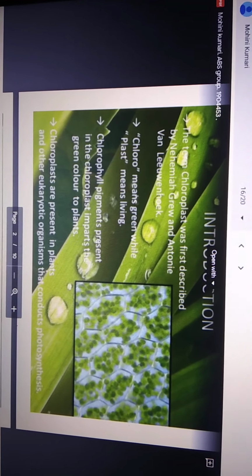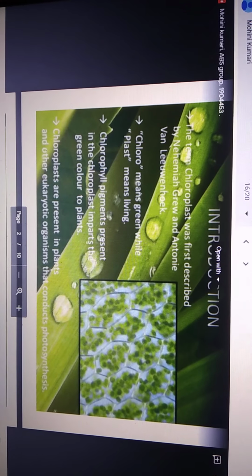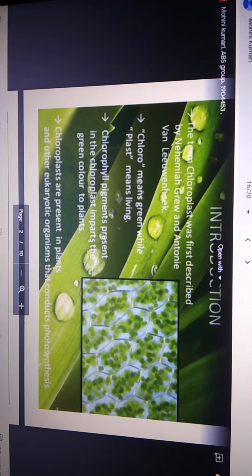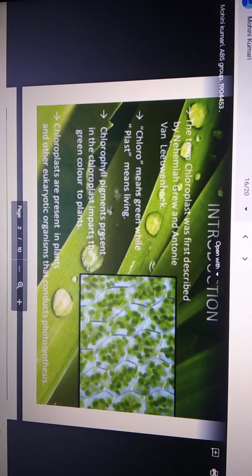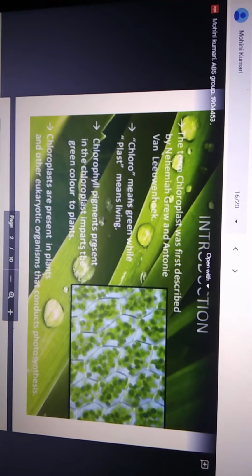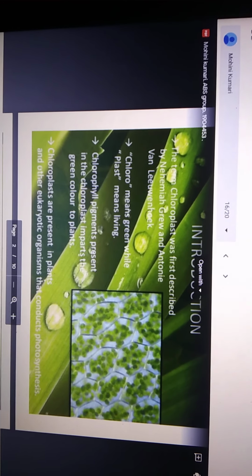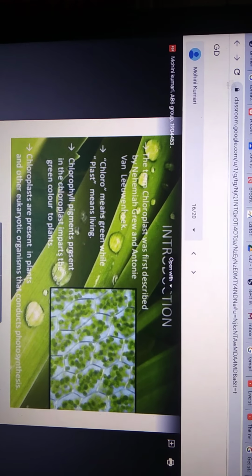As you can see in this picture, these green dots are chloroplasts. Each cell contains many chloroplasts, spherical dots. The chloroplast was first described by Nehemiah Grew and Antony van Leeuwenhoek. Chloro means green, plast means living, so green living material.